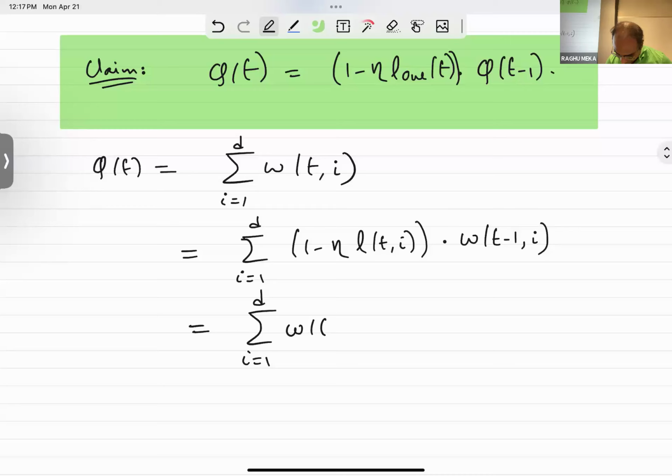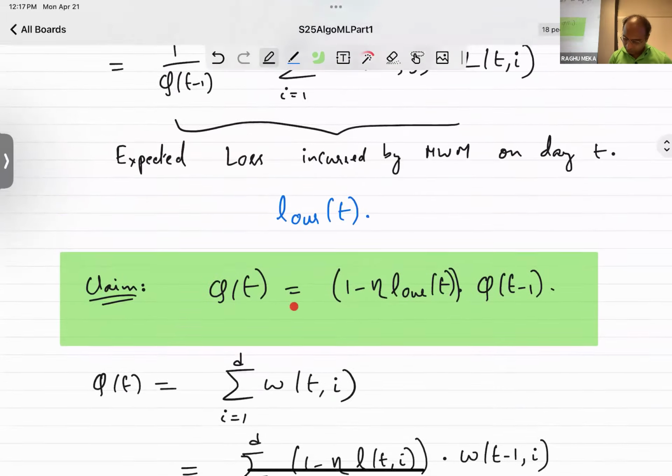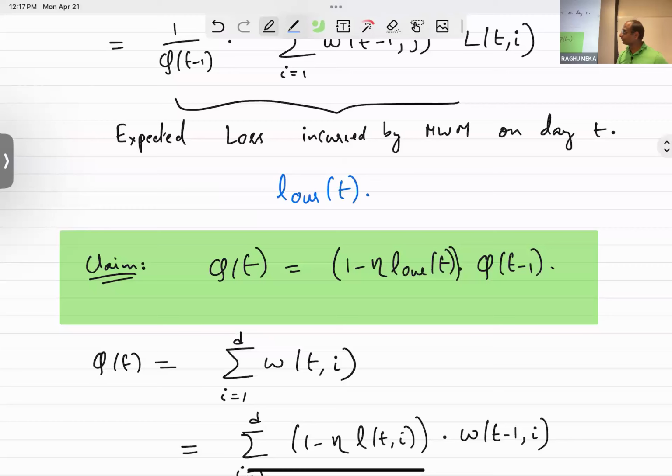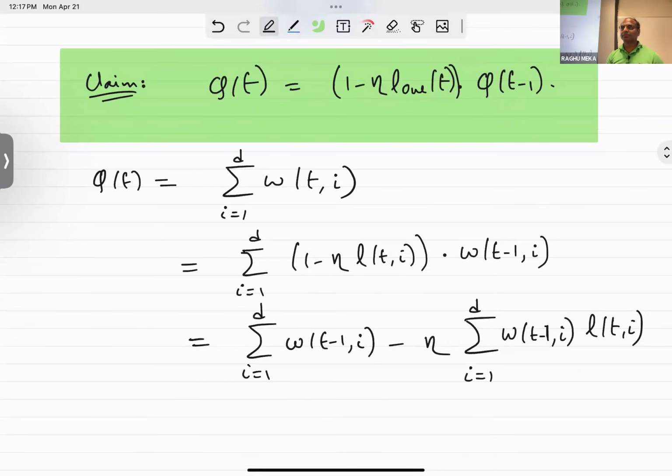I can break this up in this way. And this expression is just the potential from the previous day.